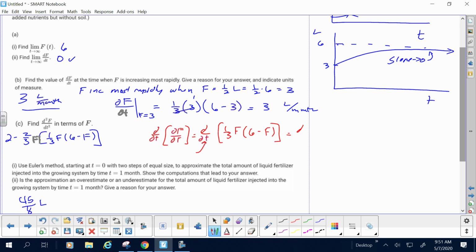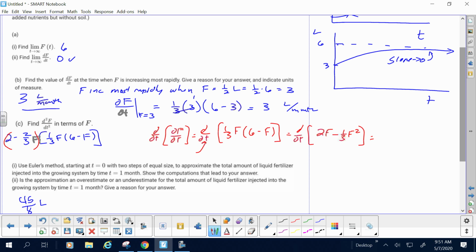I don't want to use the product rule, so I'm going to distribute, and I get 2f minus 1/3 f squared, yeah? Now when I go to take the derivative, I have a mistake. I should have had parentheses around that, doggone it.